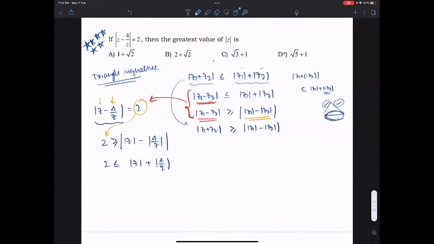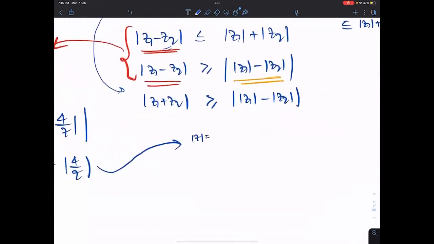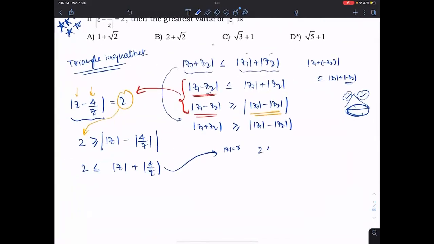I will tell you how. If I take the second inequality, mod Z is nothing but R, some length of that vector. Let's take it as R. So 2 is less than or equal to R plus 4 by R. Taking it across, R square minus 2R plus 4 is greater than or equal to 0.